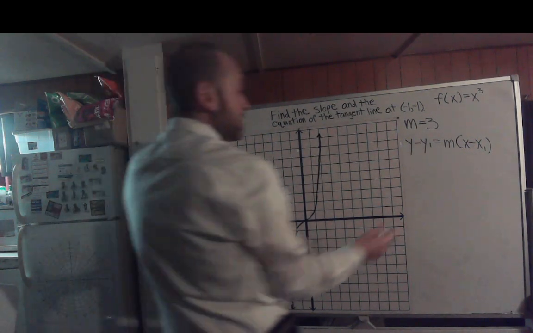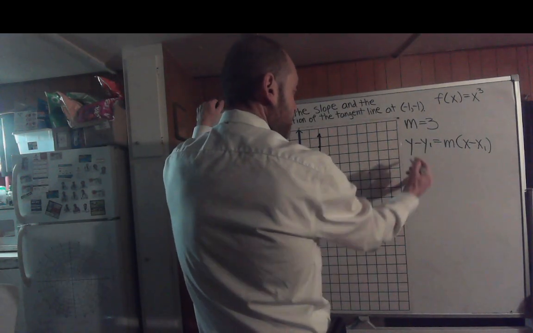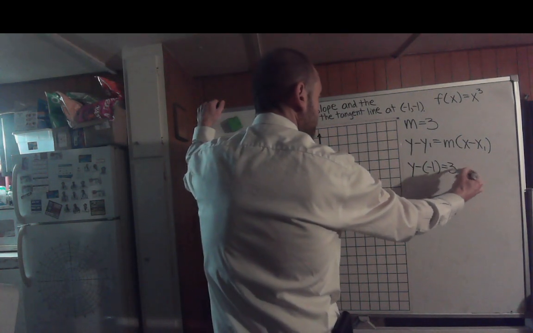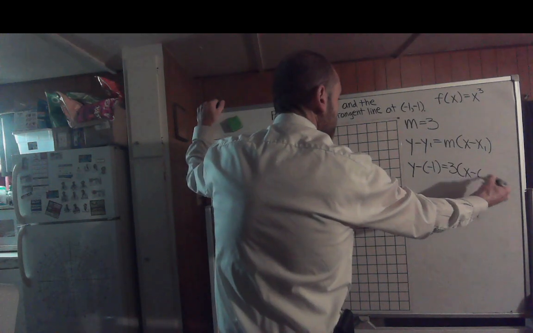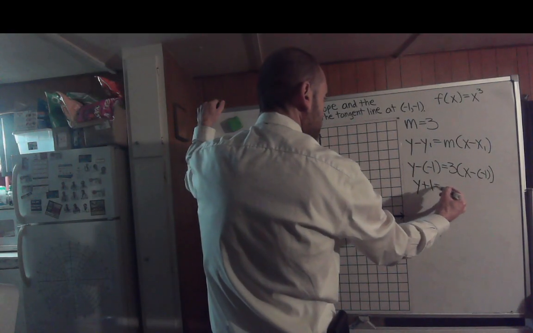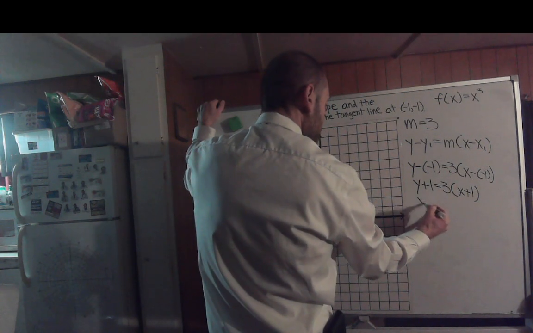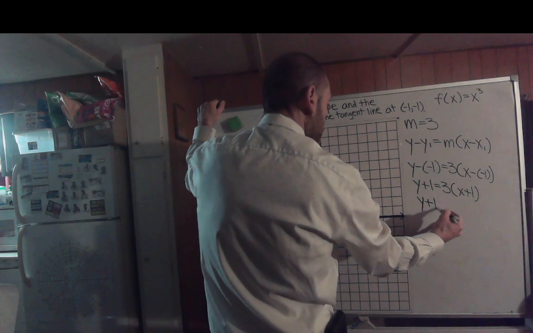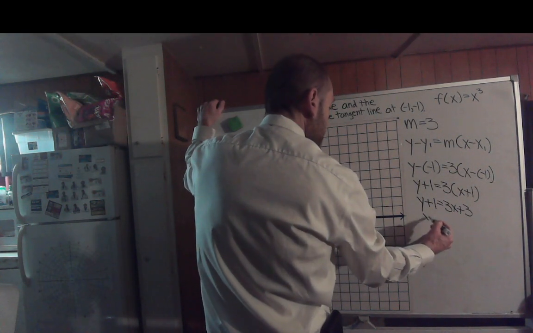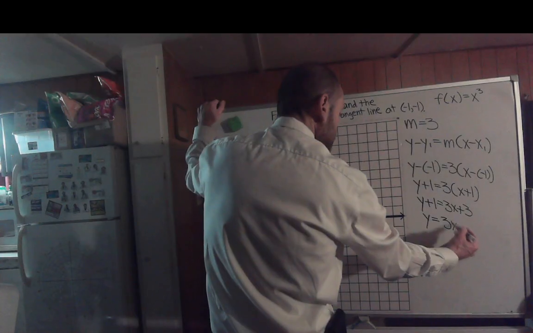If we plug in the -1, -1 and our slope of 3 into the formula, this turns into y minus -1 equals 3 times x minus -1. So this would become y plus 1 equals 3 times x plus 1, which would give you y plus 1 equals 3x plus 3, which would then give you that y equals 3x plus 2.